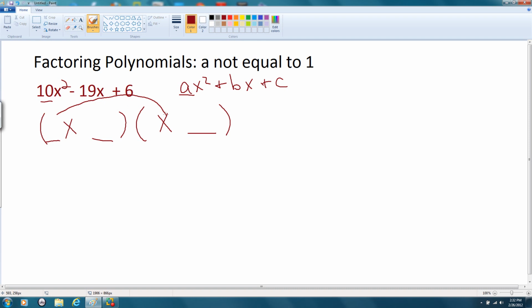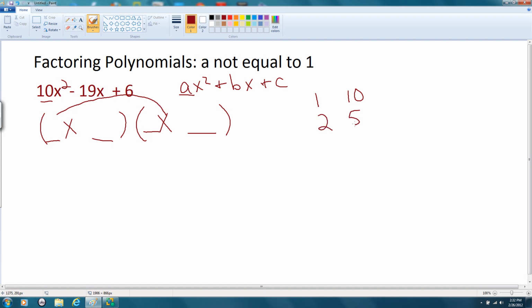It's going to be something that when these two are multiplied together here, we're going to end up with 10x. So our choice is for those two things to be multiplied together and get 10x. We know that it could be 1 and 10, or it could be 2 and 5.